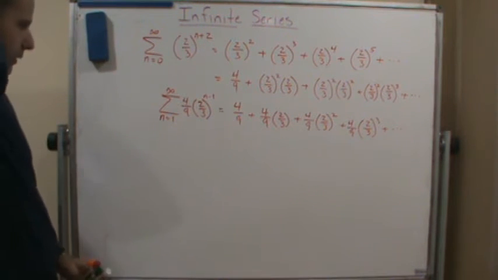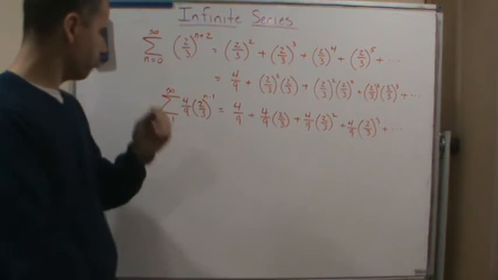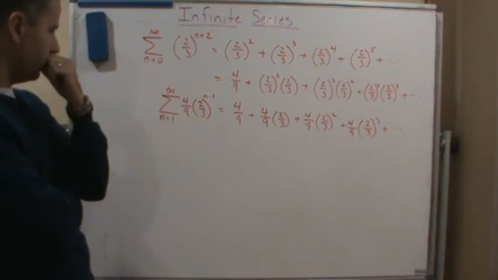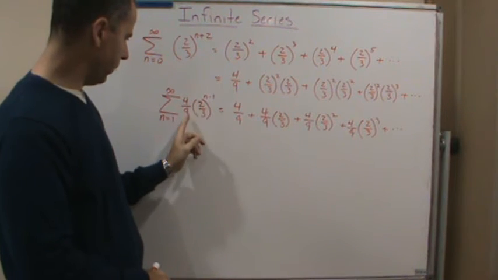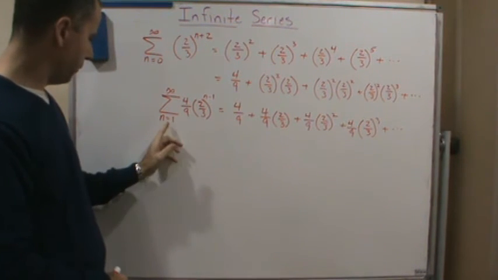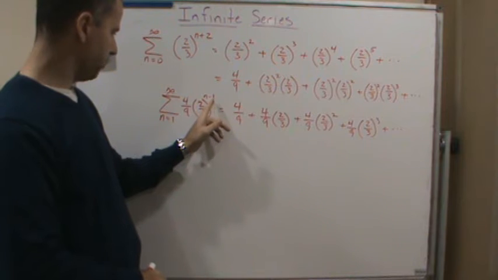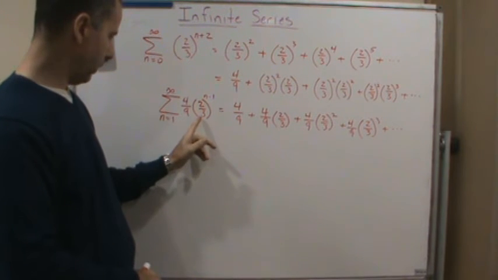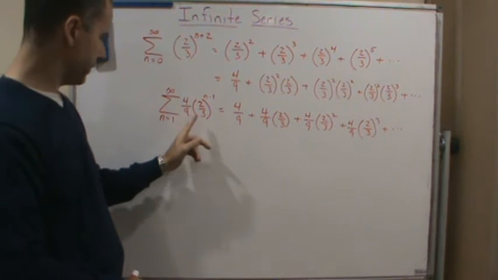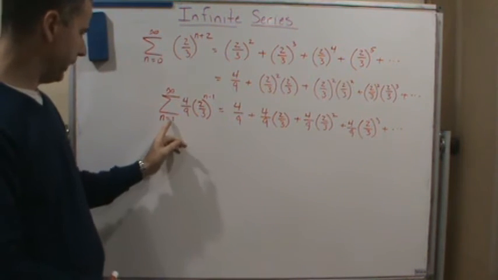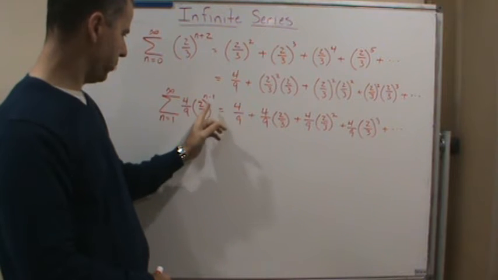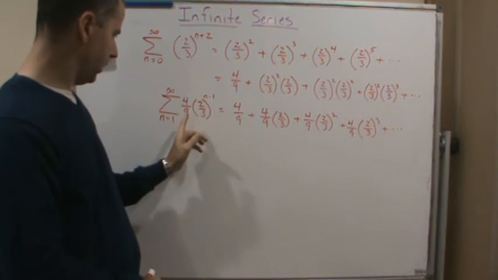Now, that will give me the same thing, because if I put in n equals 1, I get the exponent 0, and I get 4/9. If I put in 2, I get 2 minus 1, which is 1, so I get 4/9 times 2/3. That's that term. And for 3, I get 2/3 to the second power times that.